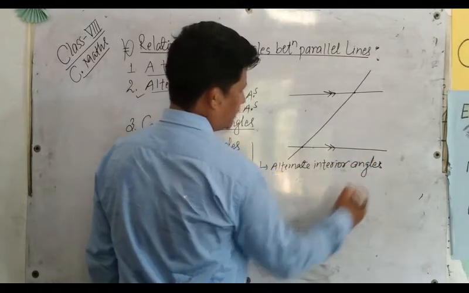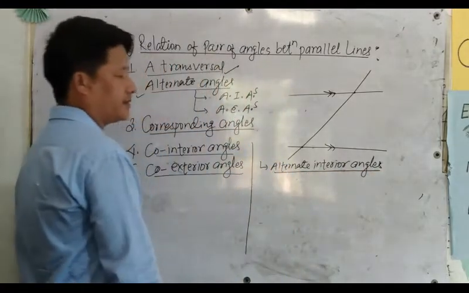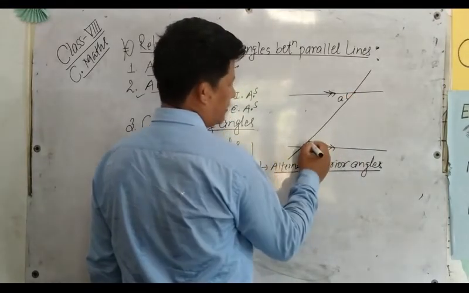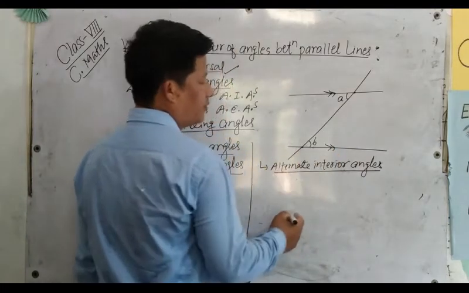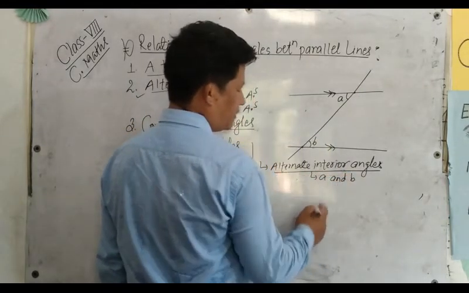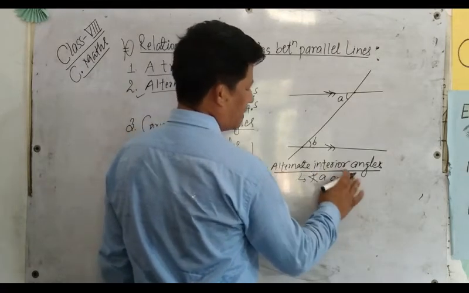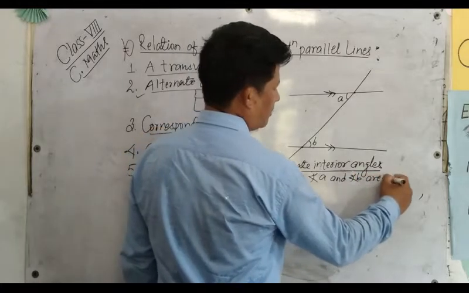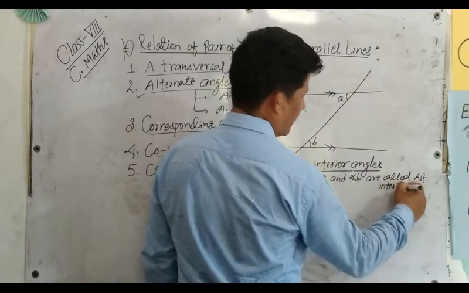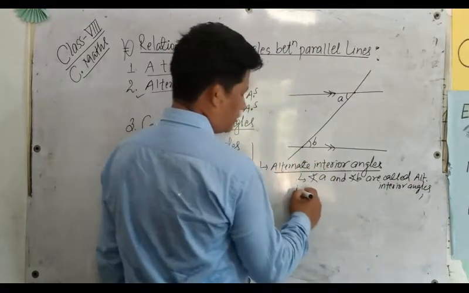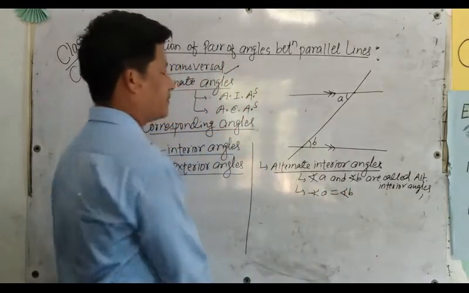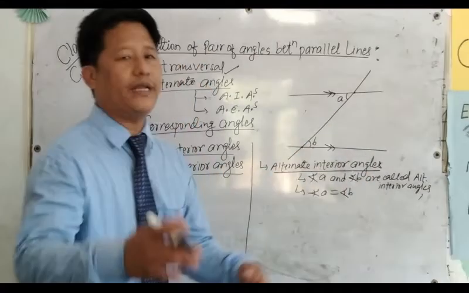Suppose this angle is A and this angle is B, then we can write angle A equals angle B. Angle A and angle B are called alternate interior angles, because these two angles are alternate interior angles.